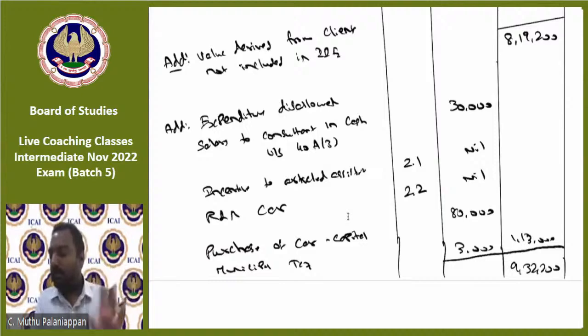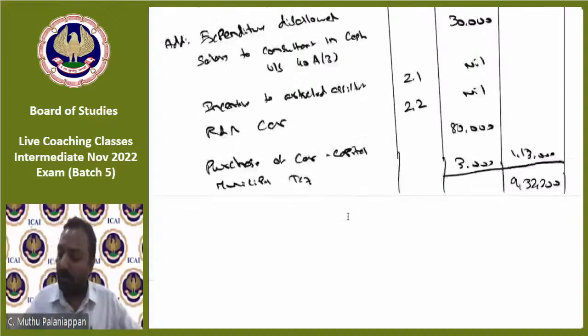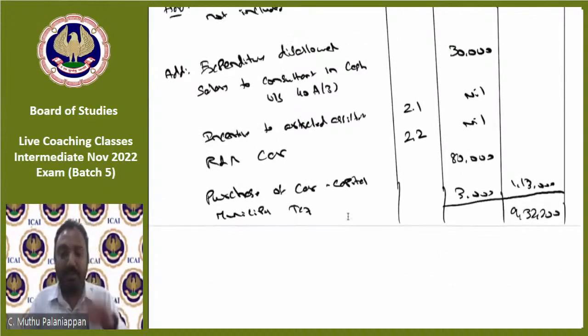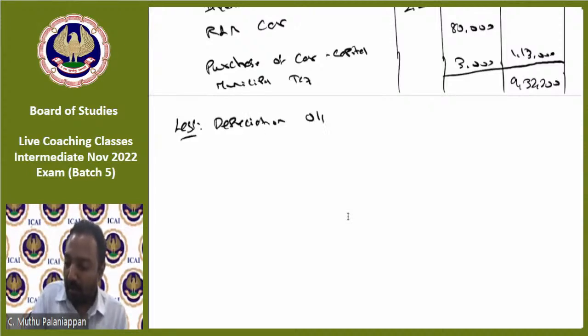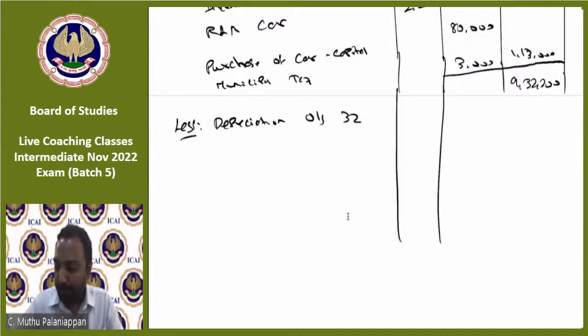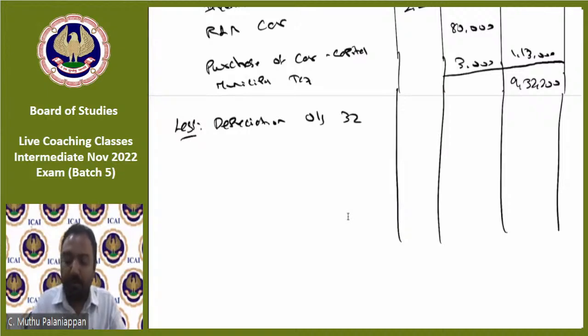Now on this, you have to provide depreciation alone. Because that is the only expenditure, the last list, the fourth one, is the expenses that you can allow. So depreciation under section 32, it is 15%. Depreciation on 80,000 at 15% is what? 8,000 plus 4,000, 12,000, right?